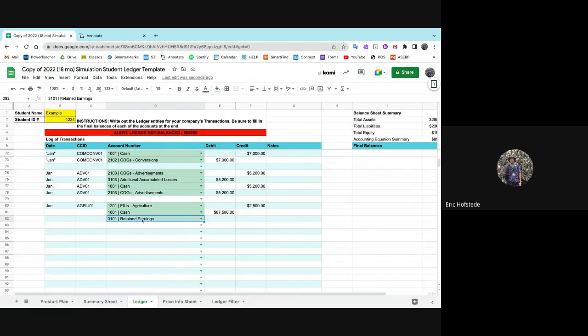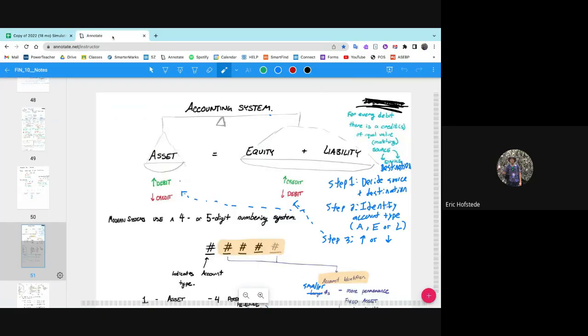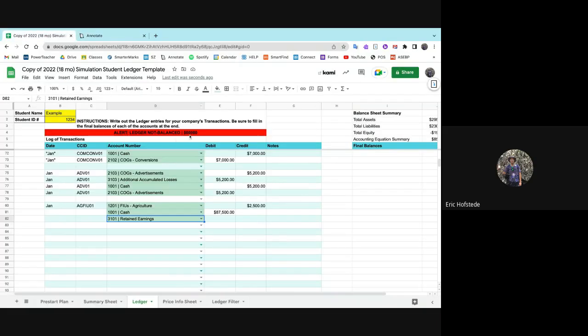And that's really our only positive equity account in this ledger in the simulation. All right, so my net worth actually went up here. So my equity gets credited. And I can see that I actually went up by 85,000, because the book value of what I sold was only 2,500, but I got 87,500.